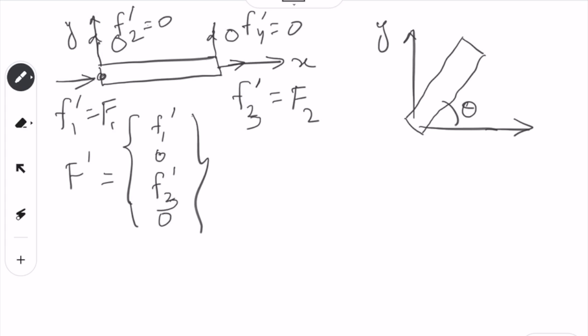Now displacement accordingly also we can write.